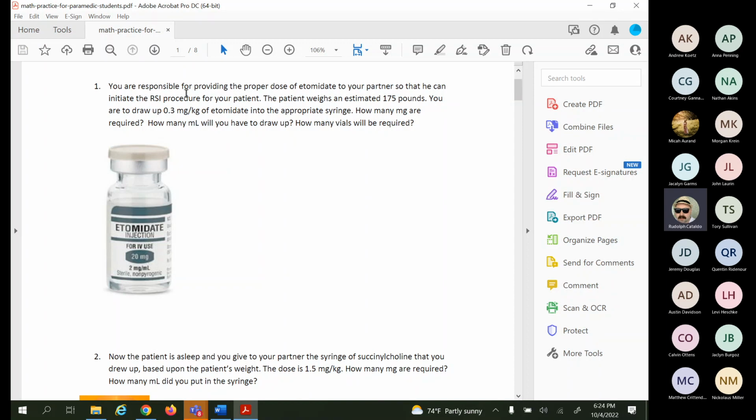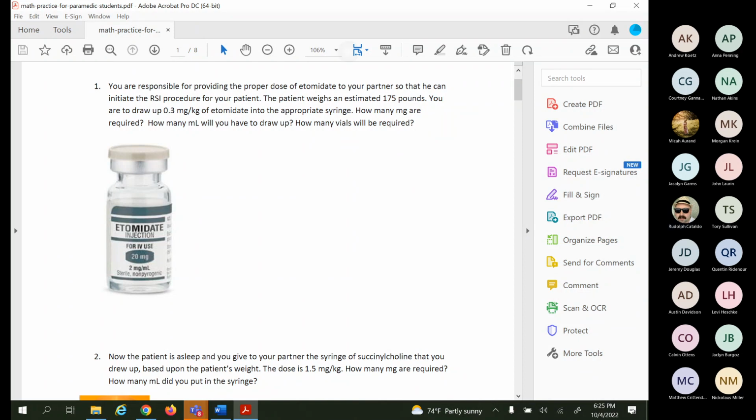The patient weighs an estimated 175 pounds. You are to draw up 0.3 milligram per kilogram. How many milligrams are required? How many mLs will you have to draw up? And how many vials will you need if more than one?